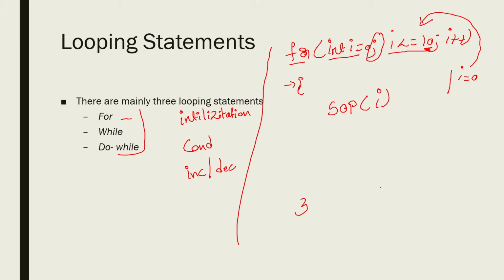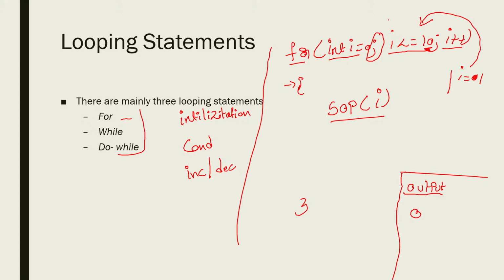That means my output is at first 0 is printed. Now, after completing the inside of the for loop, it will go and increase the value. What does my i contain now? 0. So 0 is erased and now i became 1.